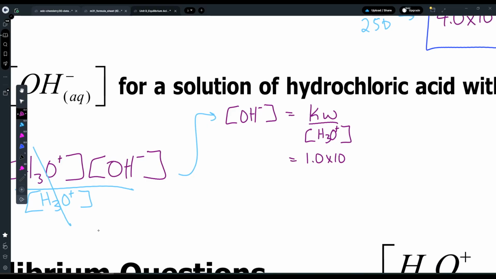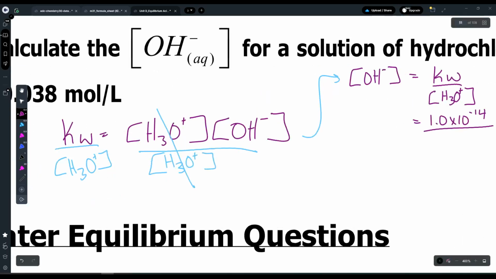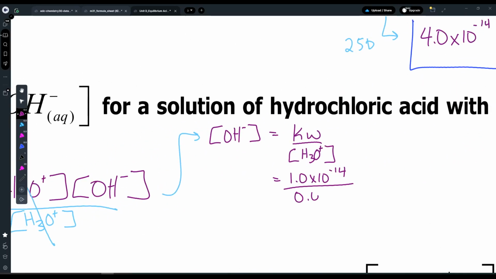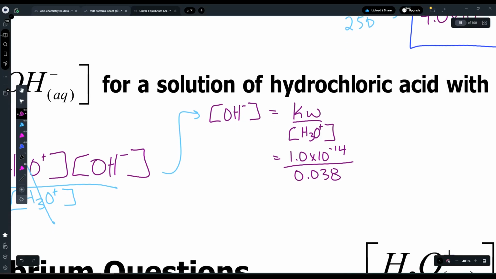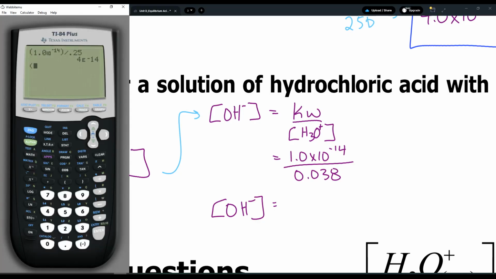So 1 times 10 to the power of negative 14 divided by 0.038, that's going to give me 2.6315, goes on forever, times 10 to the power of negative 13.